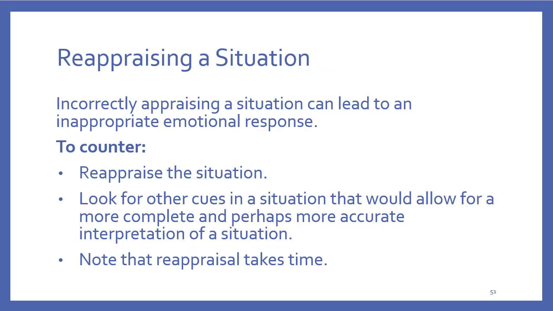The other thing you can do is reappraise a situation, which is very curious because these authors kind of said that Ellis's work is a little bit outdated, but cognitive reappraisal is exactly what the D in the ABCD method is, where you dispute the belief that you had or the behavior that you engaged in.